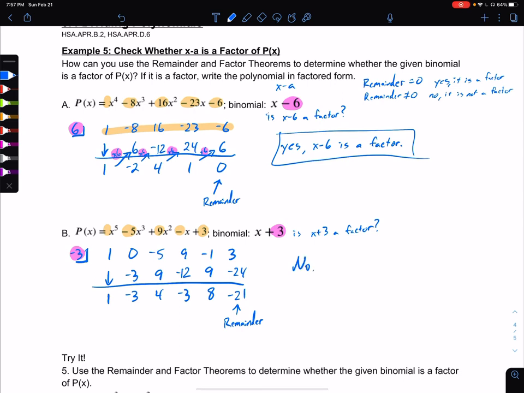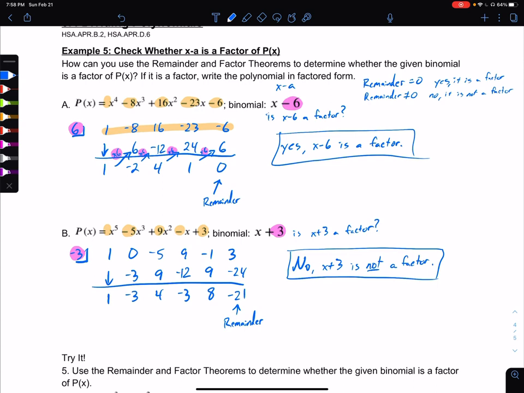The answer is no. x plus 3 is not a factor. It doesn't matter how small or big the remainder is. If the remainder is not 0, it's not a factor. It has to be 0 to be a factor, which is what happened in example A. But in example B, clearly we had a remainder, so then that binomial x plus 3 is not a factor.